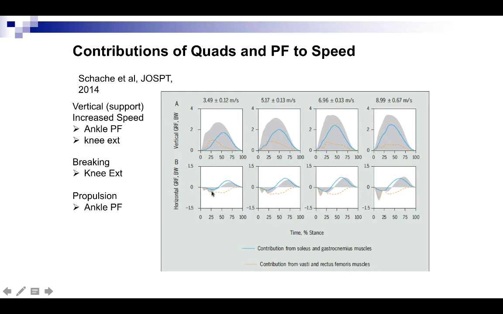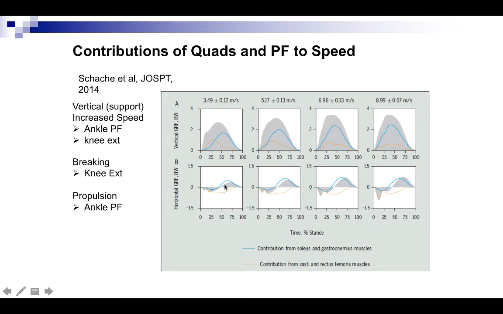And if we take the same logic and apply it to the anterior-posterior or braking and propulsive forces here, where the braking forces are these negative forces and the propulsive forces are these positive forces, we can see they progressively increase with speed, and that the gastroc in blue almost entirely accounts for the propulsive force in each case, and that the quadricep muscle is negative or braking in each case.